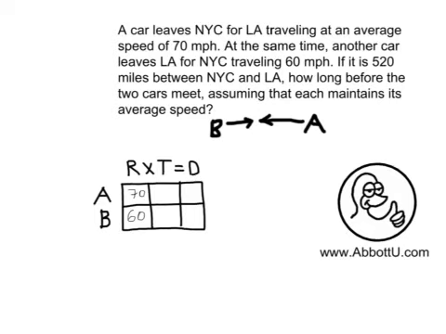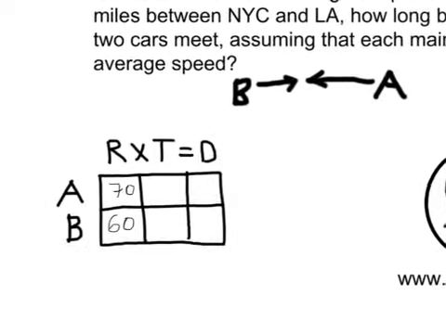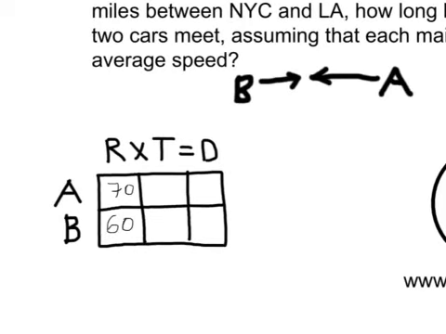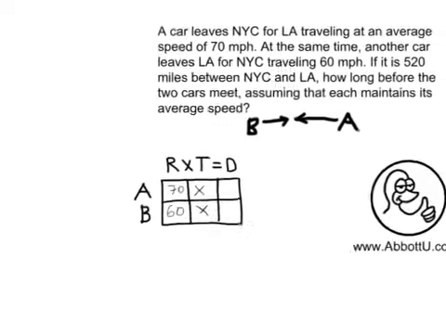And the problem is asking, what is that time? That's the unknown. We're going to call that time x. So, how long was car A on the road? It was on the road for x hours. How long was car B on the road? Car B was on the road for x hours also.